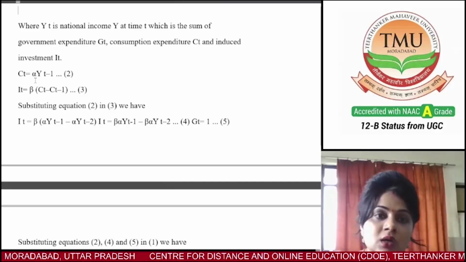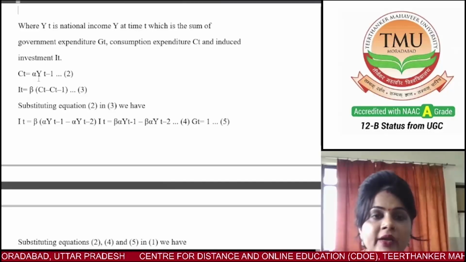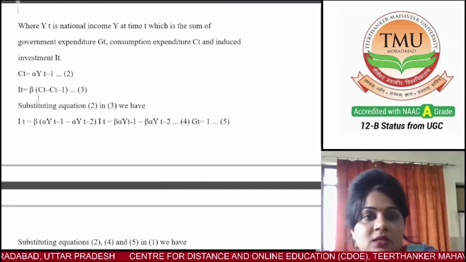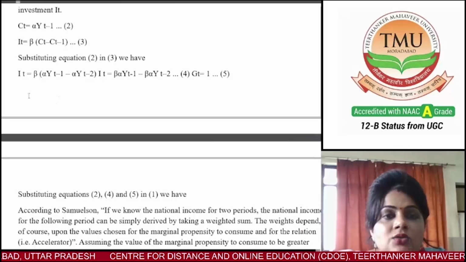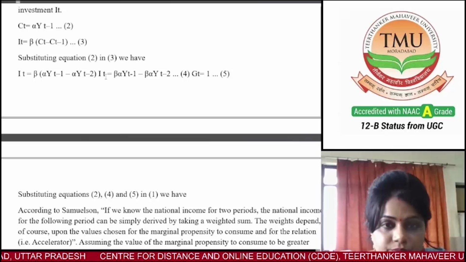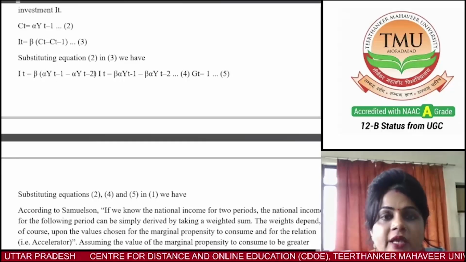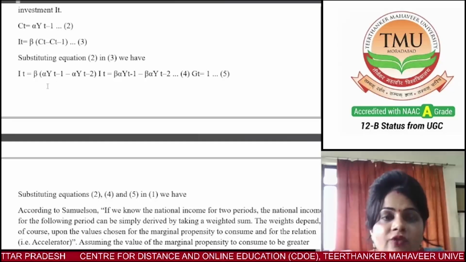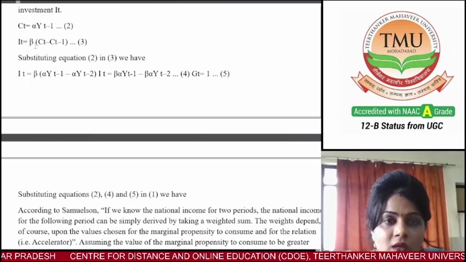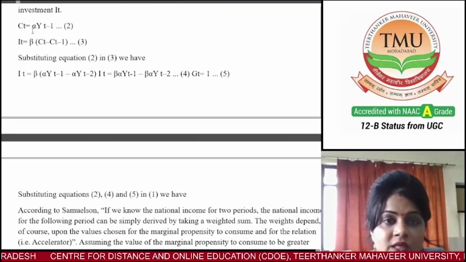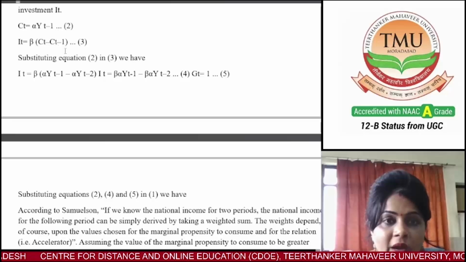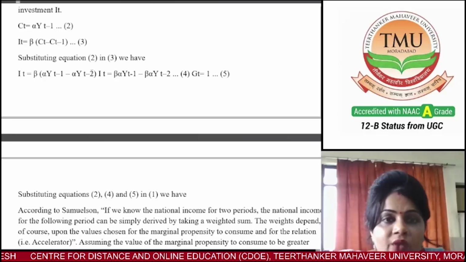So in the substitution equation, beta times alpha YT minus 1.